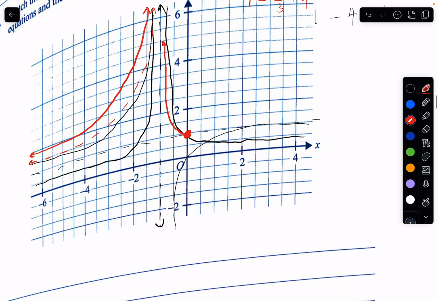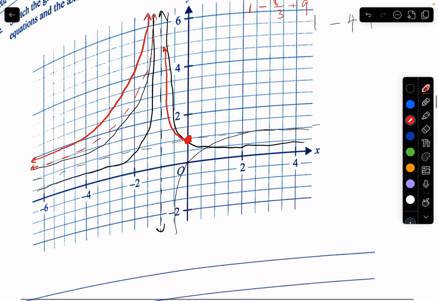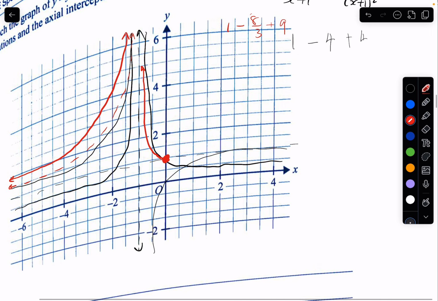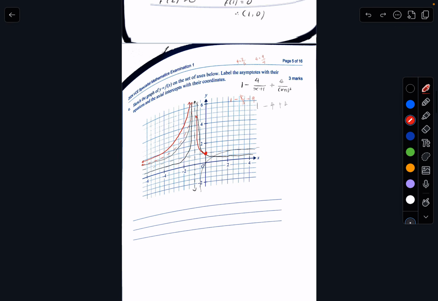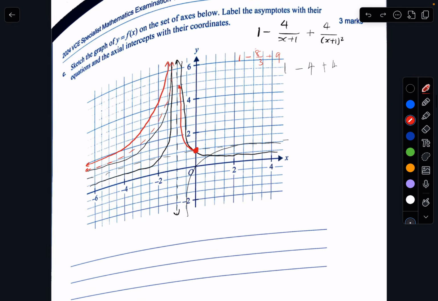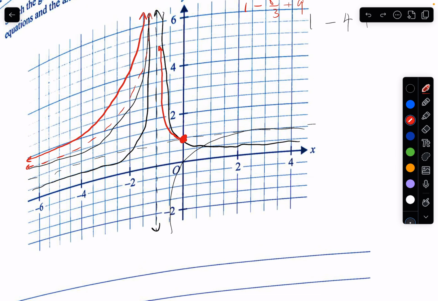Alright. And then what happens here? As it goes here, you'll have the minimum at the 1, 0, isn't it? So 1, 0. And I think you'll go something like this. Oops.